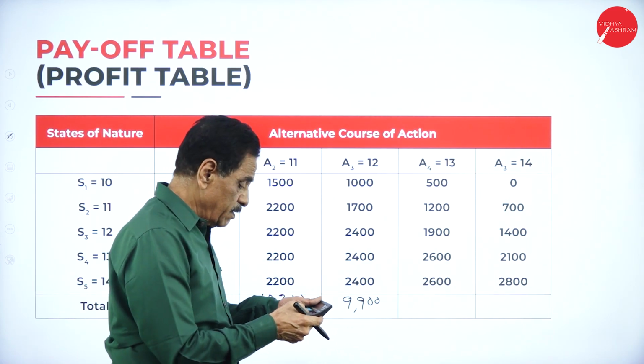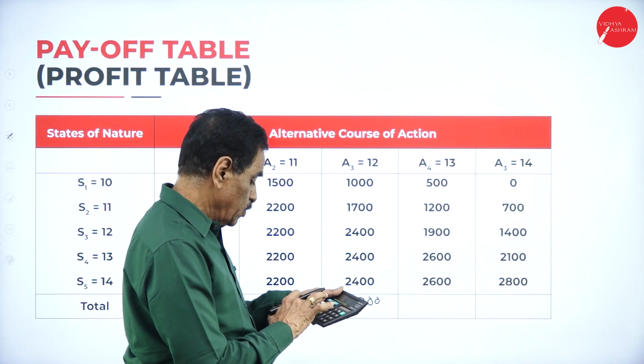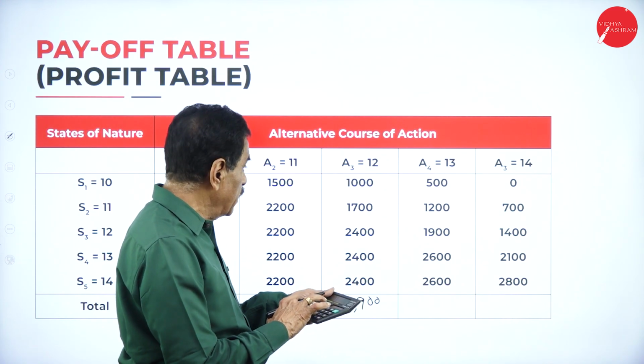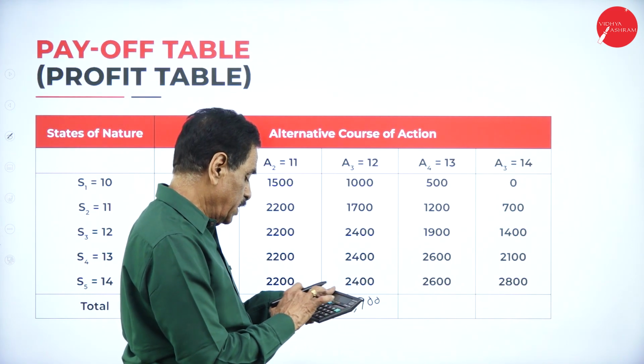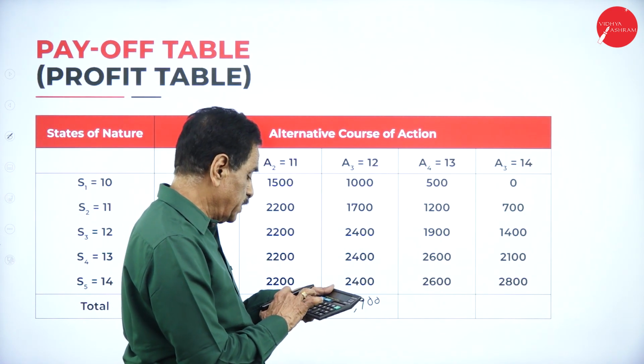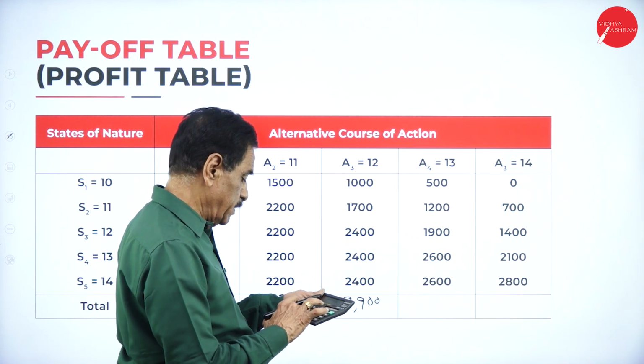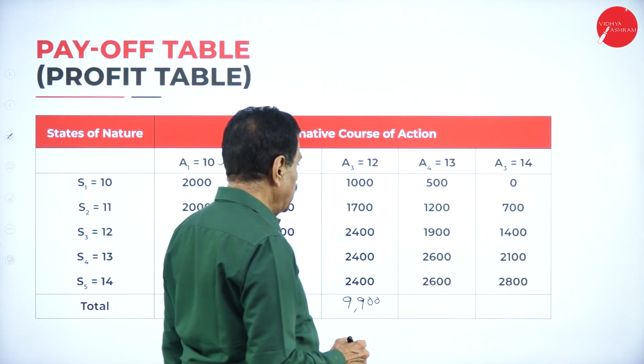Then A4: 500 plus 1200 plus 1900 plus 2600 plus 2600, that is 8,800.